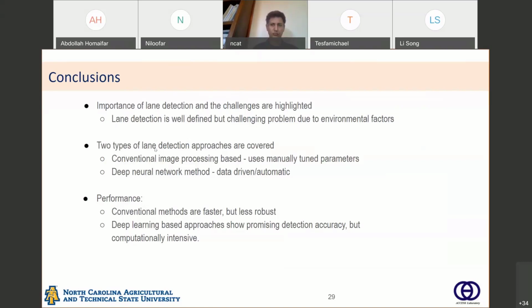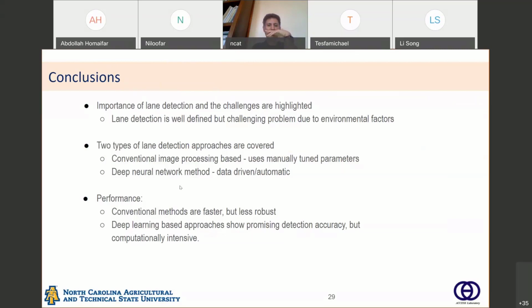I also talked about two types of lane detection. One uses the traditional image processing approach, which relies on manually tuned parameters, and that makes it slightly sensitive to environmental factors. Although some people try to use adaptive filters, it's still not that reliable compared to these new deep neural network methods.